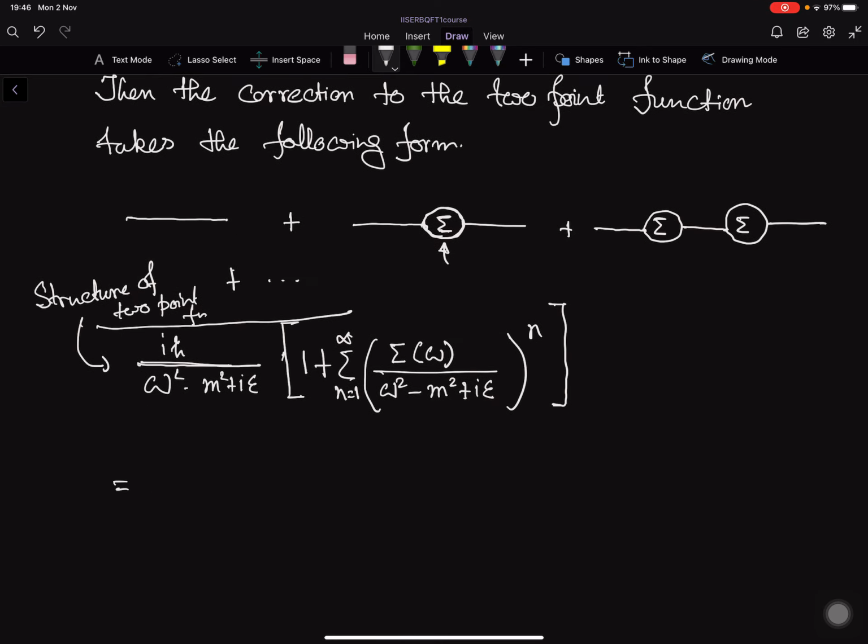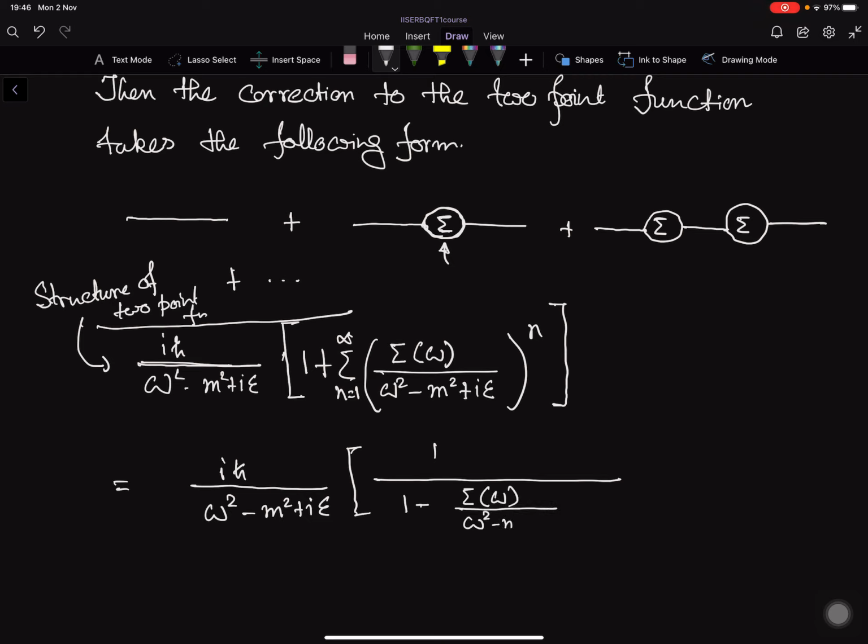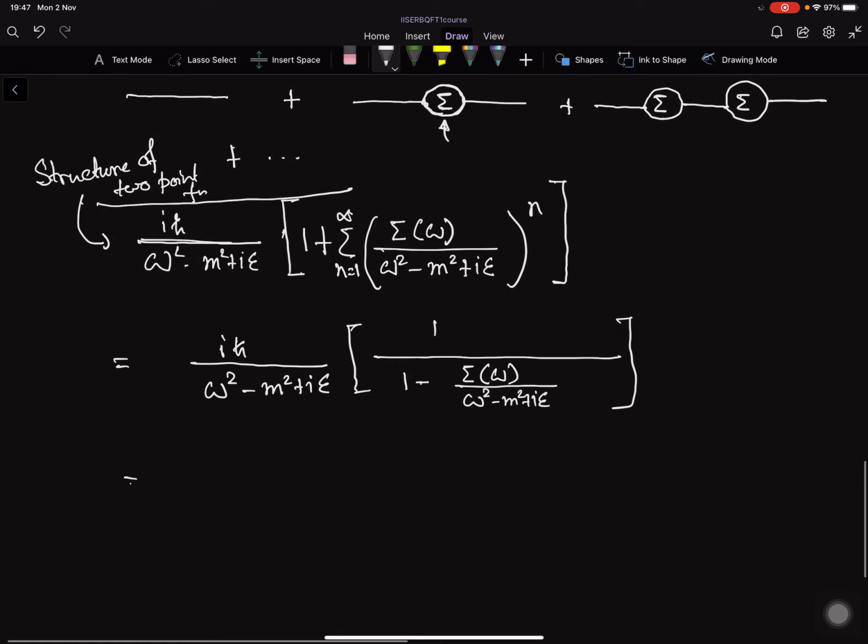And the useful thing is that in this case, you can always resum it. So then this thing just becomes i by h bar over omega square minus m square plus i epsilon, and this thing becomes just 1 minus, this is the same as, we can just multiply these two.